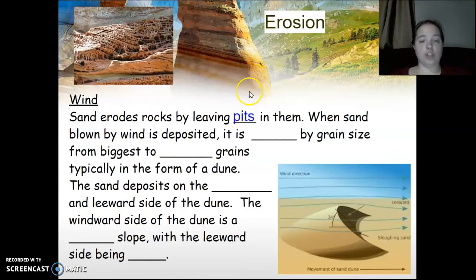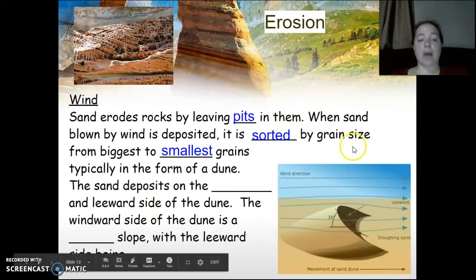And when the wind starts to slow down, it is sorted by grain size. So the bigger they are, the faster they fall out, to the smaller. The smaller stays with it the longest. And when this happens, a dune is formed, a sand dune.